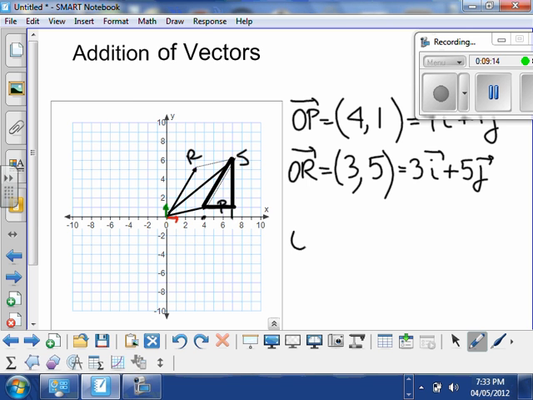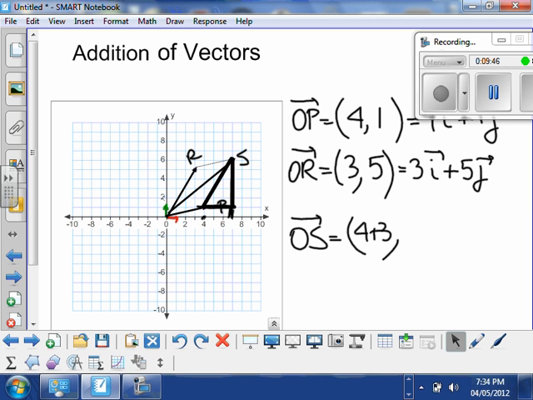So on the coordinates, I can write OS as 4 plus 3, that base, and absolutely identical, I'm going to write the y coordinate of S as 1 plus, how much is the length of that side? Well, it's nothing else but the y coordinate.